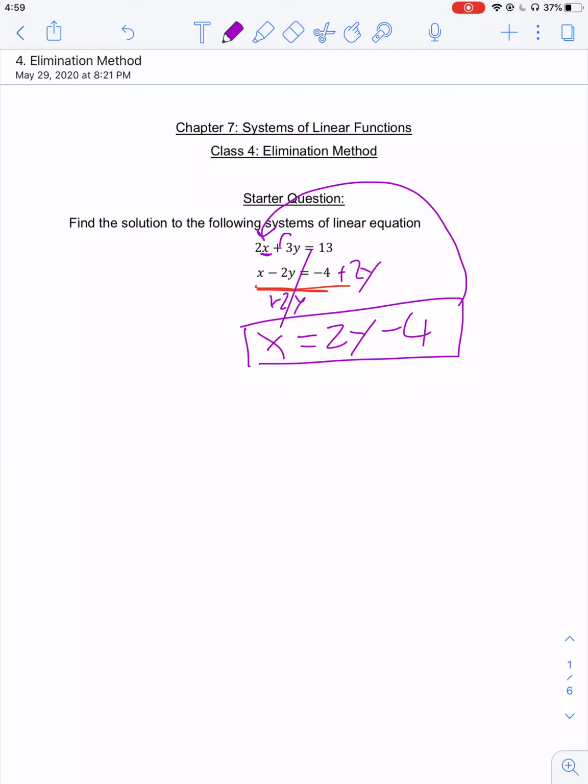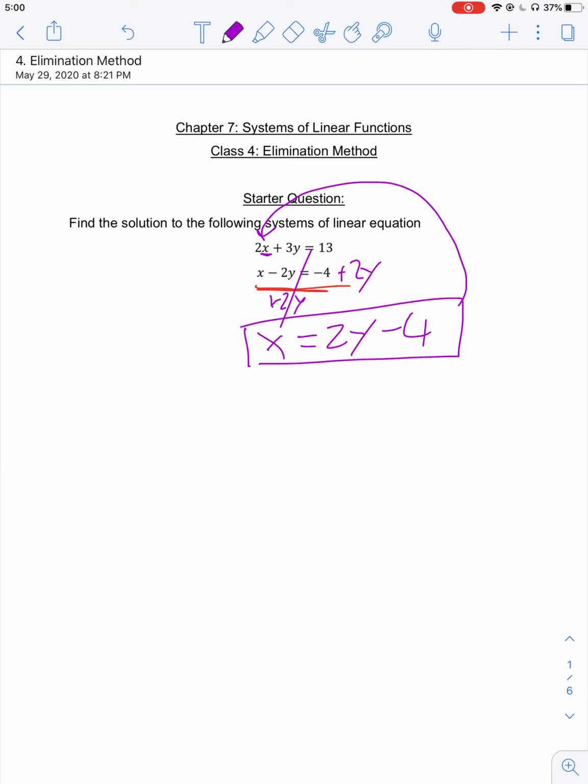And in the first equation, you'd have to divide by 3. In both cases you're probably going to end up with fractions. So the best thing to do would be to solve for x in the second equation, not the first, because in the first, if you solve for x, you would still have to divide by 2, which will result in some fractions. So this is the best way to isolate a variable and then use substitution.